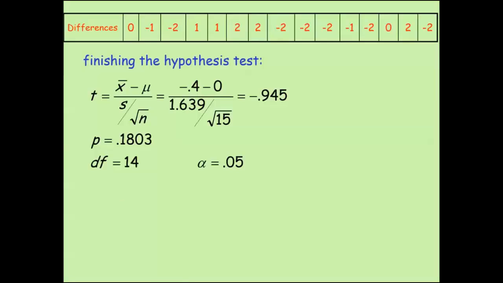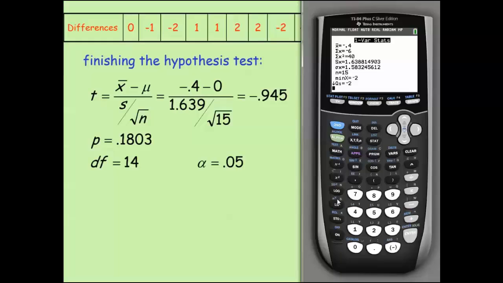Let me remind you how we calculate that, because it might have been a while. To get that 0.18, I want to go to the distributions menu, look for tcdf, and think about what I'm trying to do here. I suspect it's a lower tail test, that it's less than, so I want to go from negative infinity up to that lower tail.